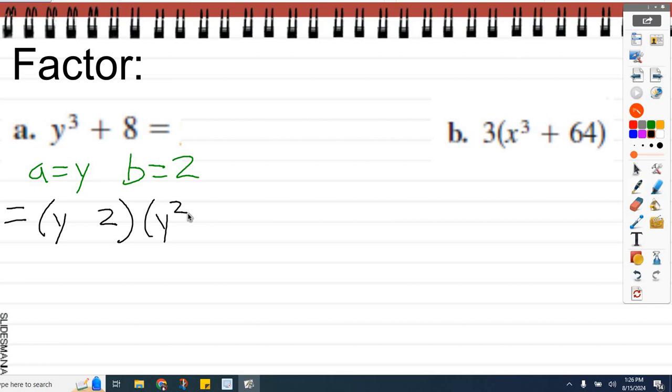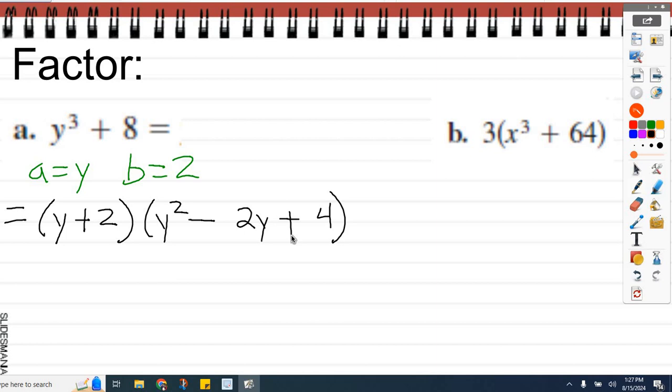So we have y, 2, y squared. And then A times B is going to give us 2y. And then B squared gives us 4. Okay? And this time, what was our original sign? Plus. So we have the same sign, the opposite sign, and it's always positive. That's right.